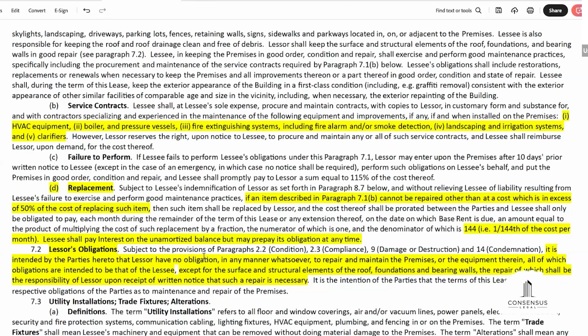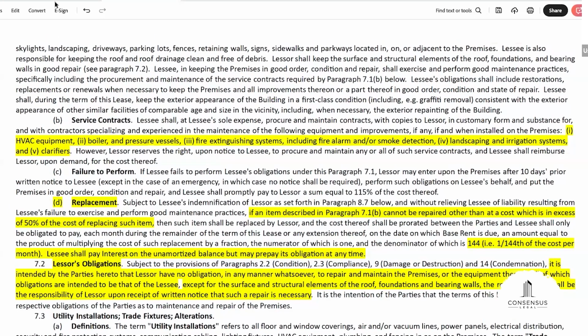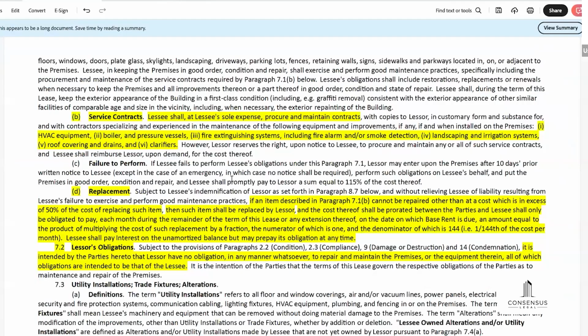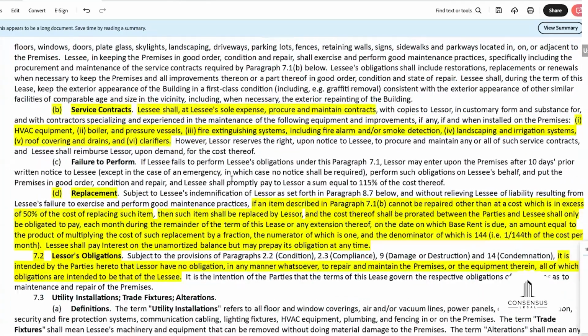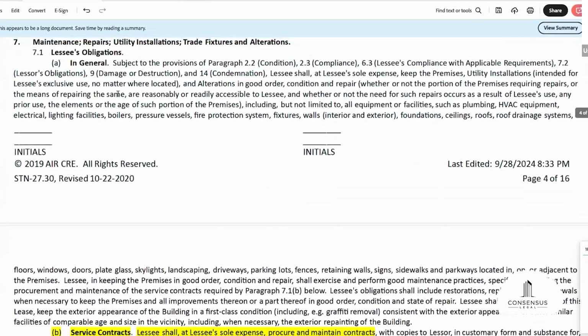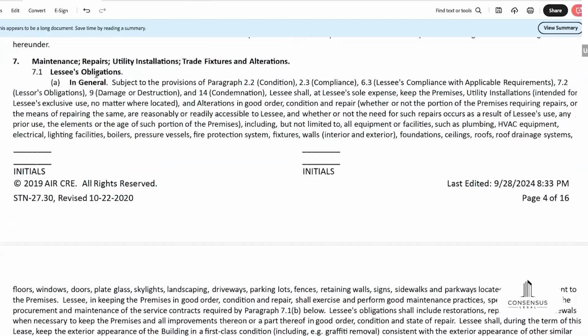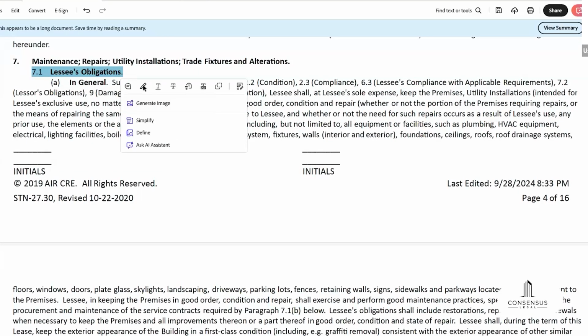So we've gone backwards from 7.2 up, and we've kind of talked about it from a lessor perspective. Now, let's shift a little bit, going back to the net lease. Let's talk about 7.1, lessee's obligations.